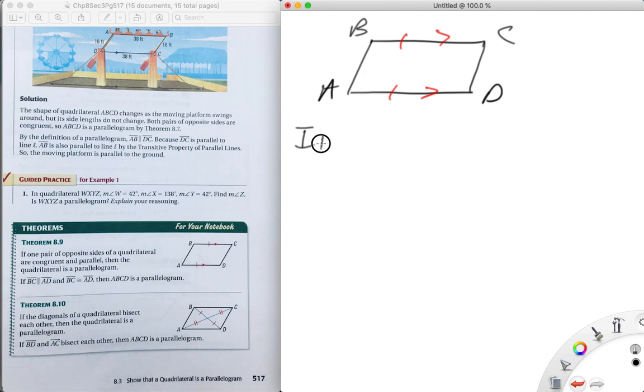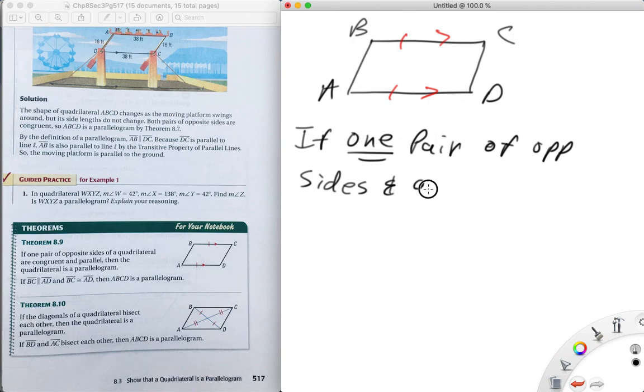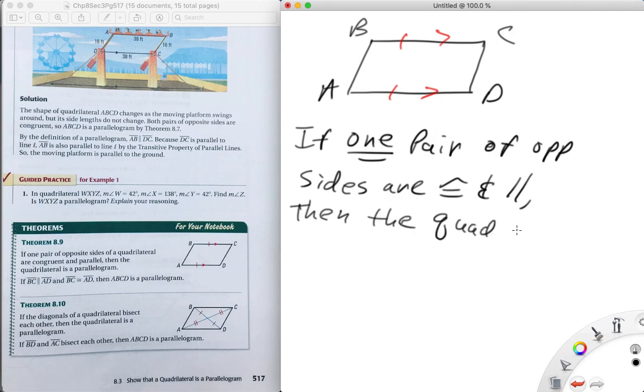So if one pair of opposite sides are congruent and parallel, then the quadrilateral is a parallelogram.